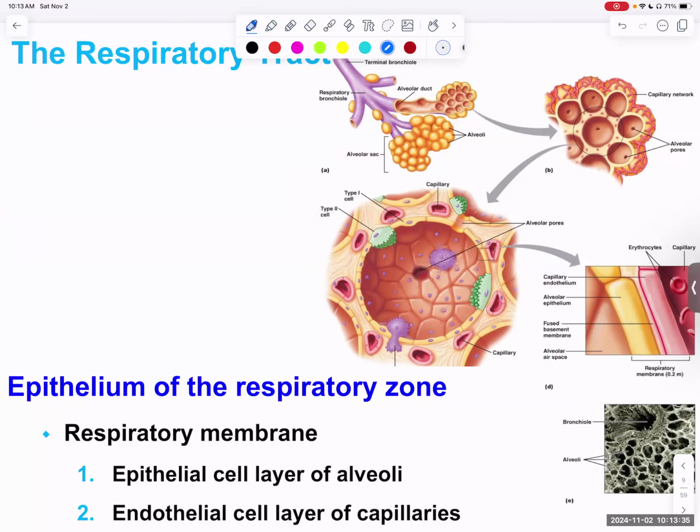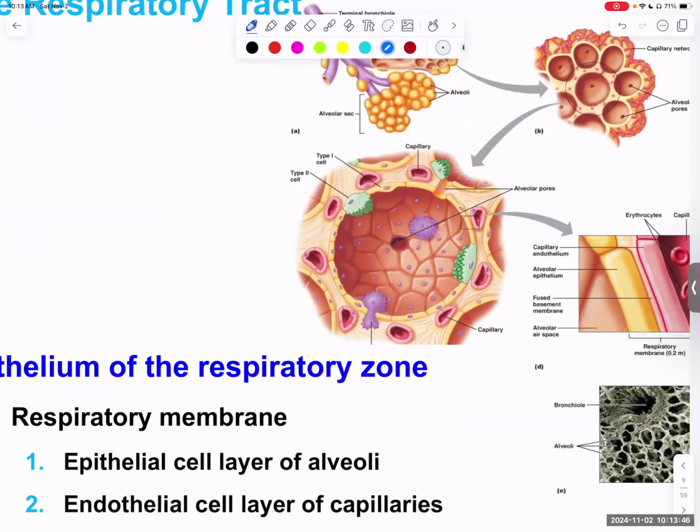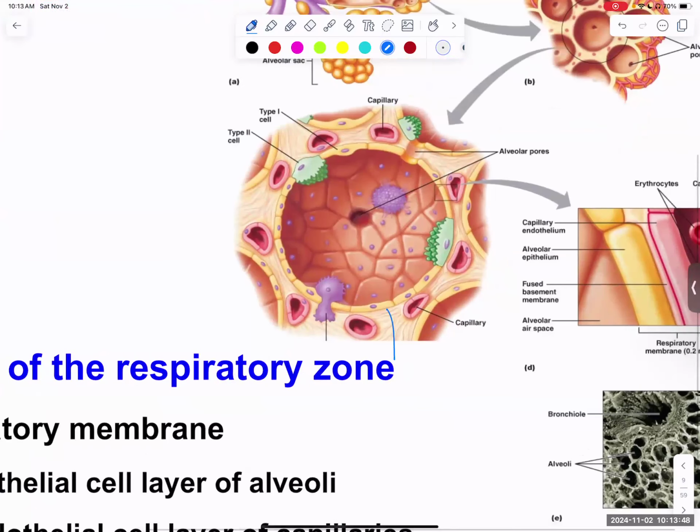The cells of the alveoli, there's a couple different kinds. There's the endothelial layer. It's a single, simple squamous cell that makes up the alveoli. So these are simple squamous cells, very thin.